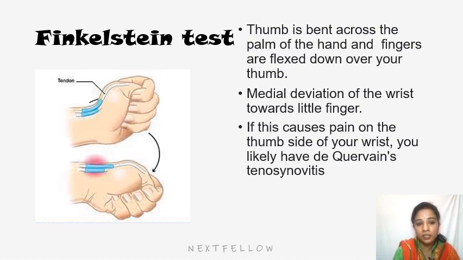When the person tries this movement towards the little finger, the tendons get stretched, causing severe pain. Pain is the positive sign of the Finkelstein test, which indicates De Quervain's tenosynovitis.